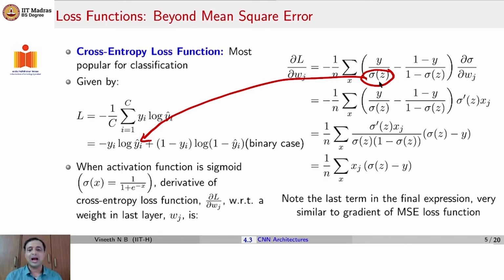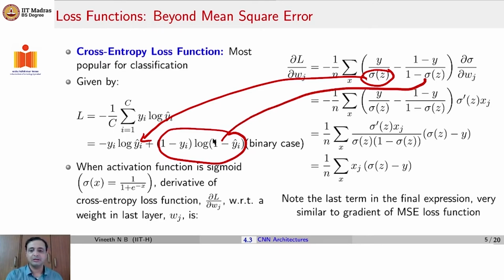So y log yi hat, when we differentiate, we end up getting dou L by dou yi hat into dou sigma by dou wj, because that's what you would get when you do a chain rule. So this would give you y by sigma of z minus the second term, which gives the second term in the gradient here.